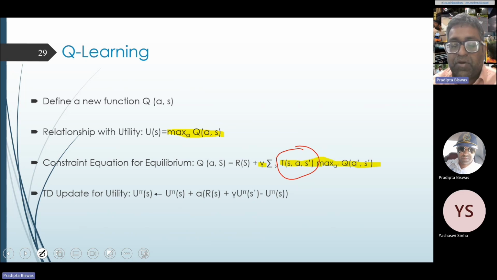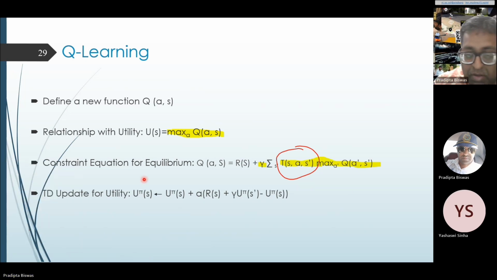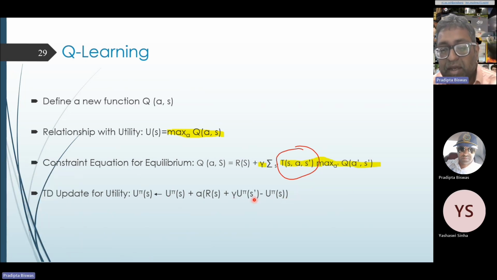So what we do from ADP to temporal difference learning is that instead of learning the whole model, I just update it based on the local neighborhood. Here U pi of S dash, where pi was the fixed policy, because that was passive learning. So this was the temporal difference update for utility. And since we take this difference, that is why the name comes, temporal difference.